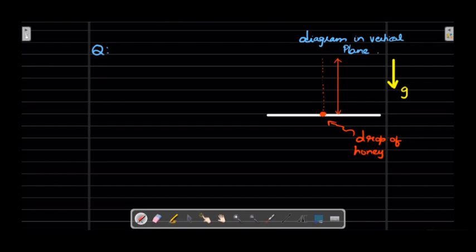So this distance is given as d. A honeybee is moving like this along this line.